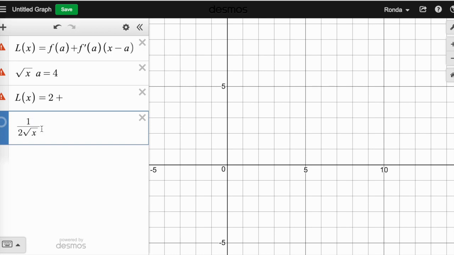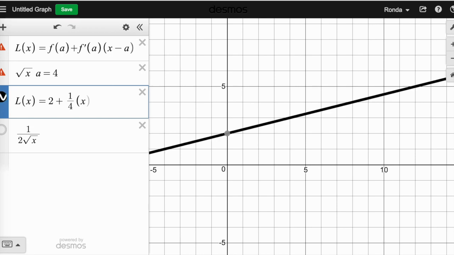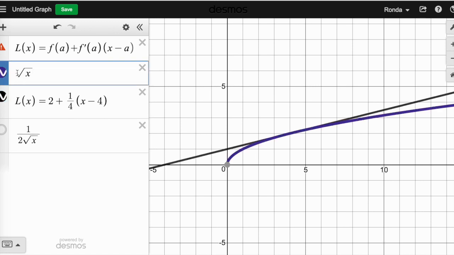And the square root of 4 is 2. So what I really have, my f prime of a, is 1 over 2 times 2, which is a 4th. So I'm going to replace this then with a 4th. All right, and then this is just x minus 4, right? All right, so there's my linearization. I was just using that for a second, and we will call this our f of x.